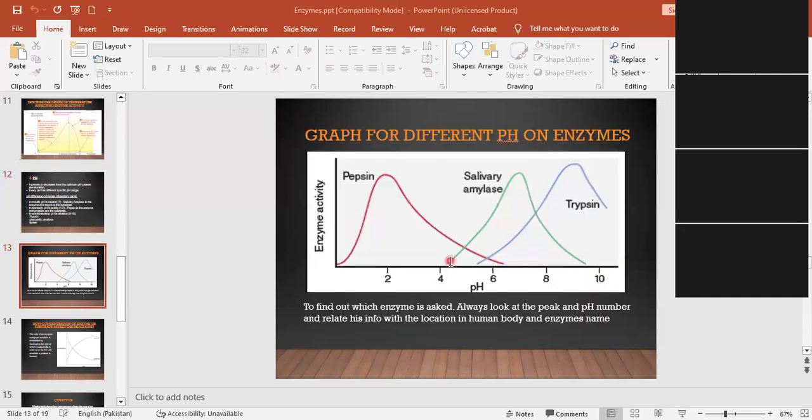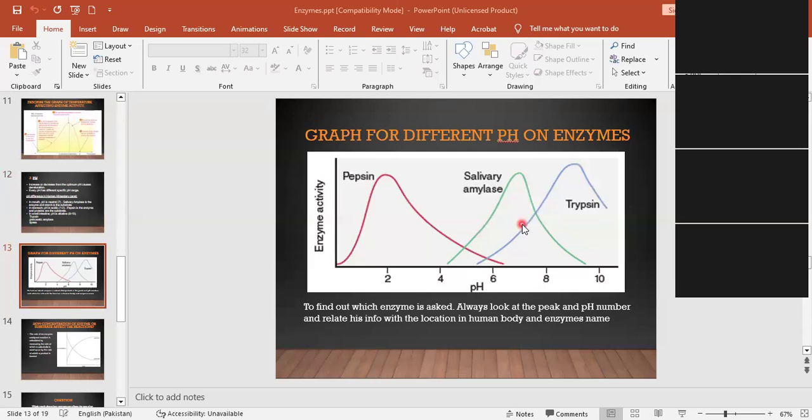Okay, and how you can portray it or how the graph comes in the paper. See, can you identify the enzyme just by looking at the pH?